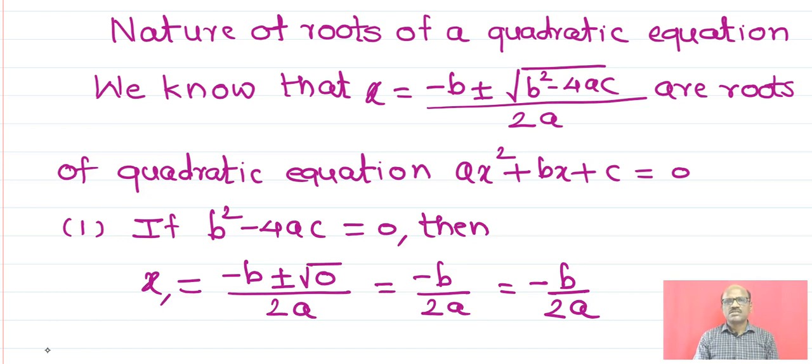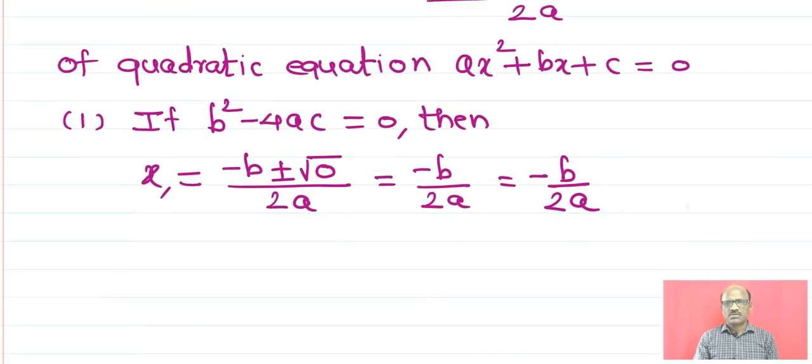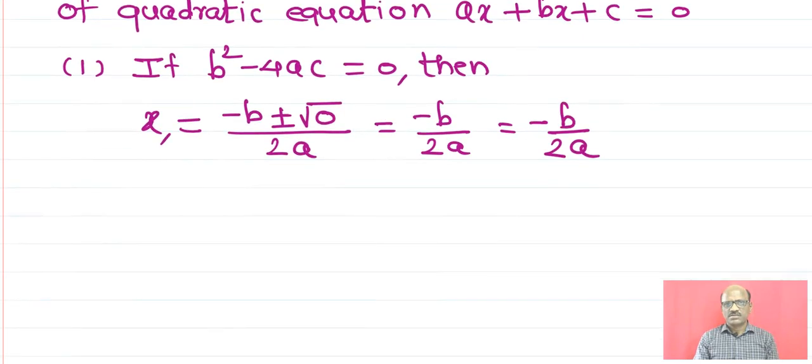Means what? There is a single root. It is a perfect square. Quadratic equation is perfect square. Therefore, x is equals to minus b upon 2a.